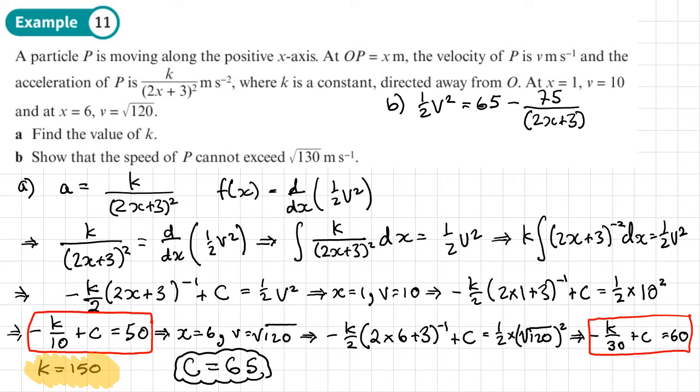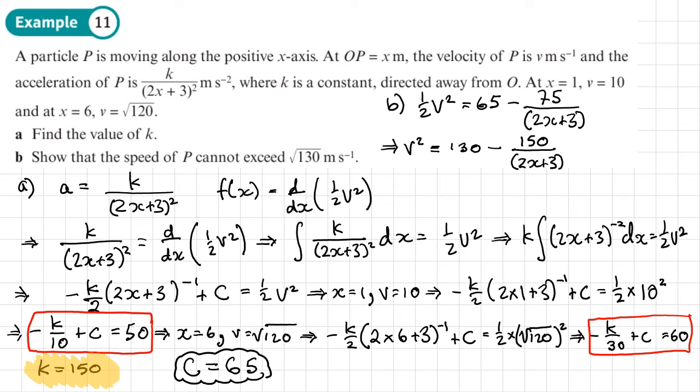So all of that should basically just come from here, substituting in my value of k, 150 divided by 2, 75, and my value of c, 65 here. We'll then times both sides by 2, and that will give us v squared is equal to 65 times 2 is 130, and then we times the second fraction by 2, so that's going to be 150 over 2x plus 3.